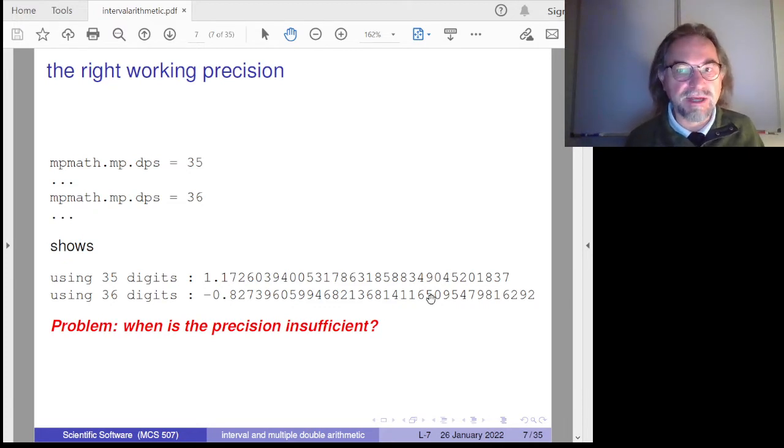Some people will say, well, just try a little bit more precision, and if the answer doesn't change except for the extra decimal places that you compute, then you are safe. No, you are actually not. So in a proper numerical analysis course, we would compute the condition number of the evaluation problem. So that would then be the reply of the more classically schooled numerical analysts.